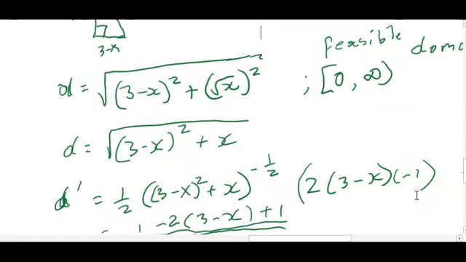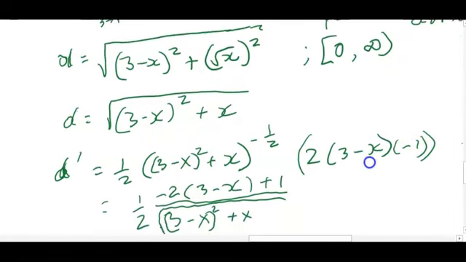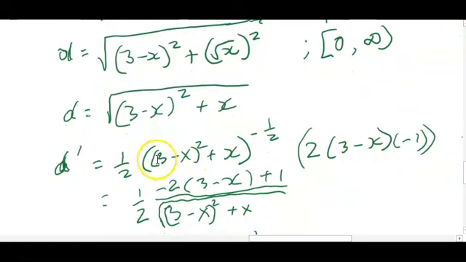Now, we want to rewrite this a little bit so that it'd be nice to set it equal to 0. So let's rewrite it as 1/2 times (negative 2 times (3 minus x) plus 1) all over the radical of (3 minus x) all squared plus x.